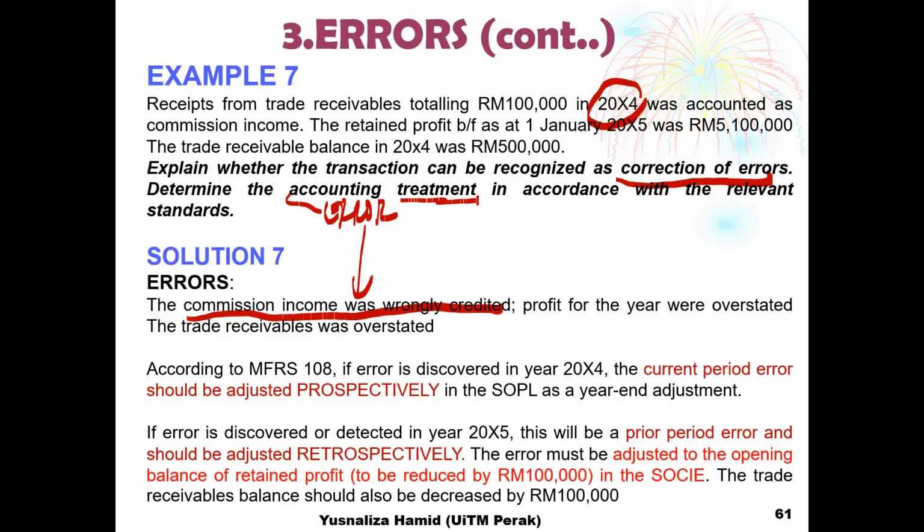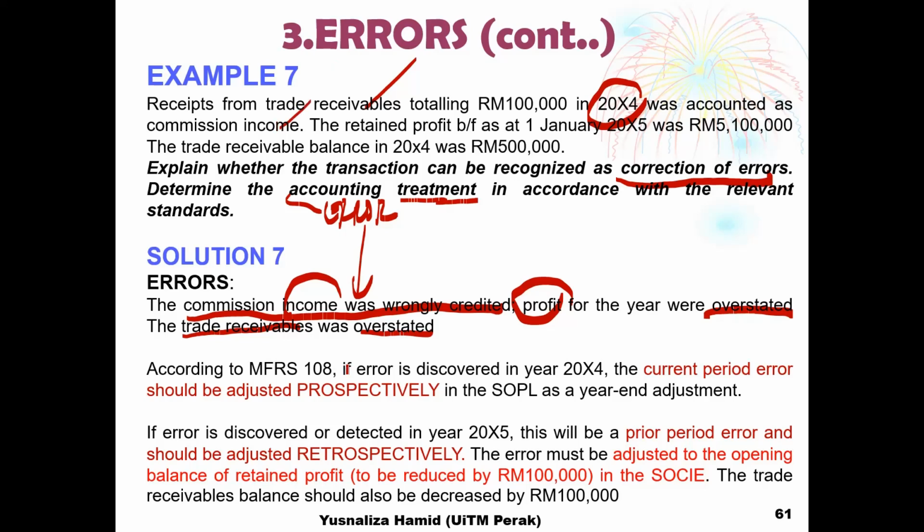The commission income was wrongly credited, and therefore the profit is overstated. At the same time, trade receivable was also overstated, because the receipt from the customer was not accounted as a reduction to the trade receivable balance, but was accounted as an increase to the commission income.